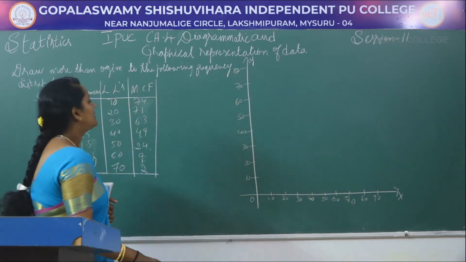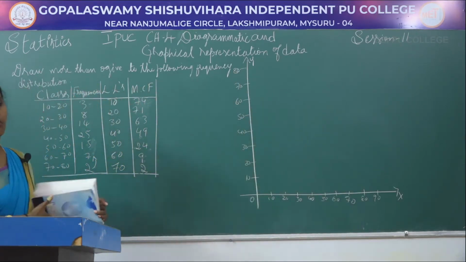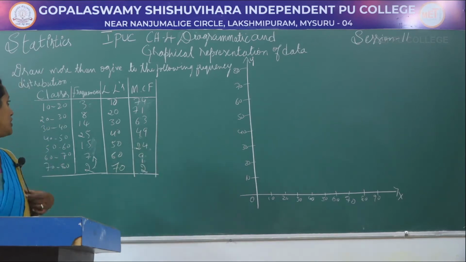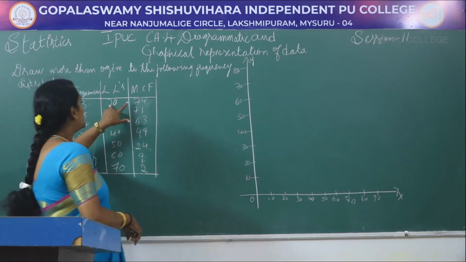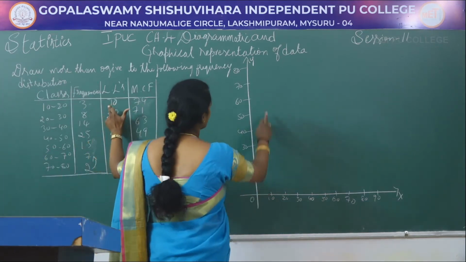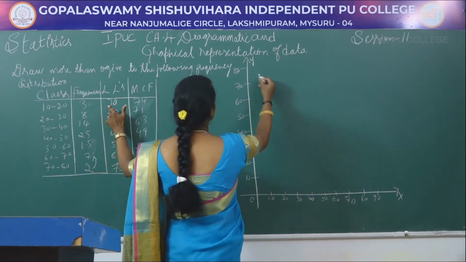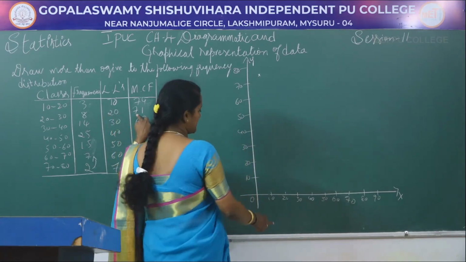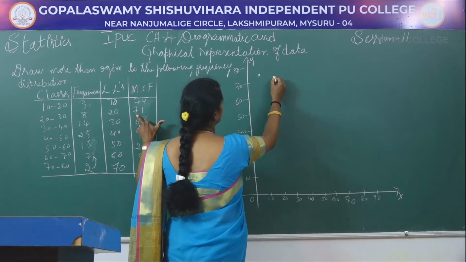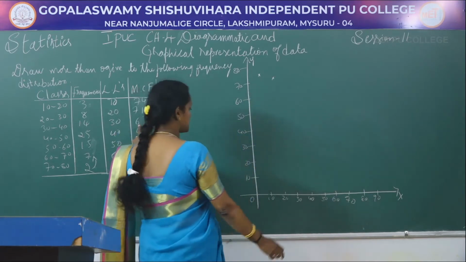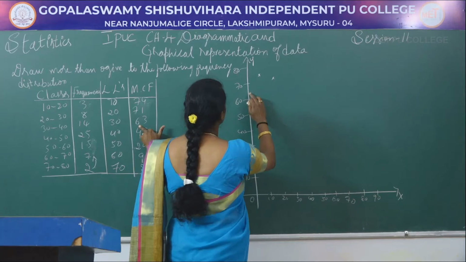Now, let us plot the points for lower limits versus MCF. For 10, it is 74. For 20, it is 71. Next, 30, it is 63.